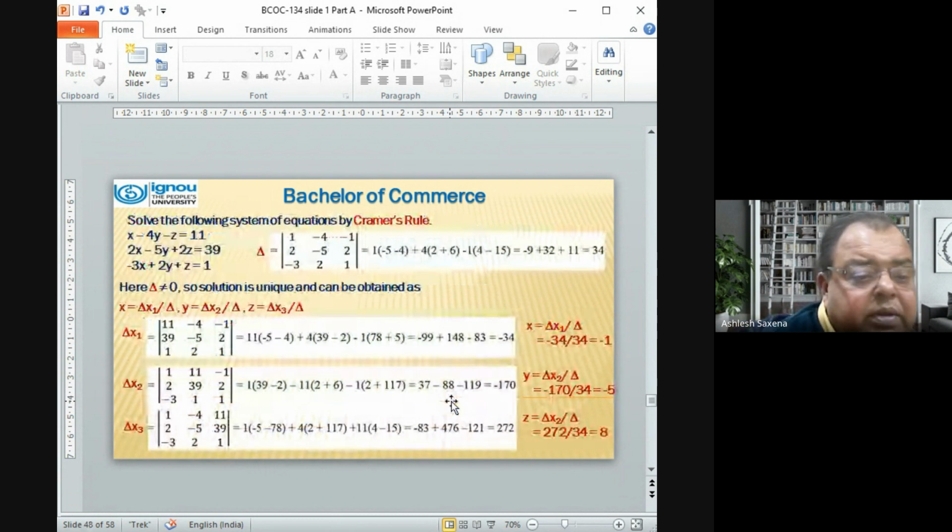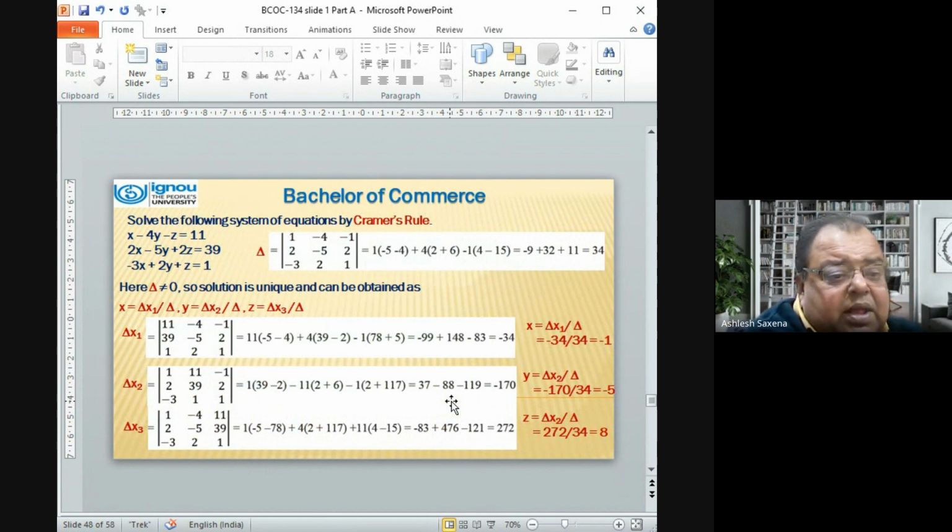Now we will see whatever has been discussed, how it is solved. You are given three equations. x minus 4y minus z equal to 11. 2x minus 5y plus 2z is equal to minus 39. Minus 3x plus 2y plus z equal to 1.